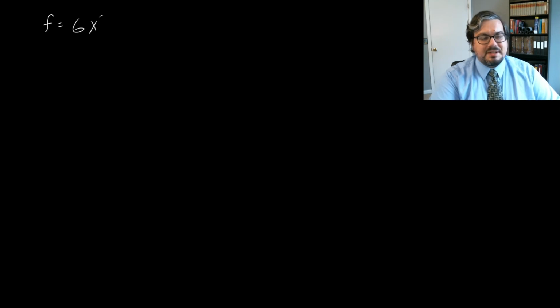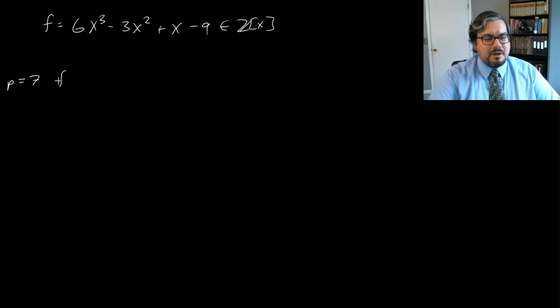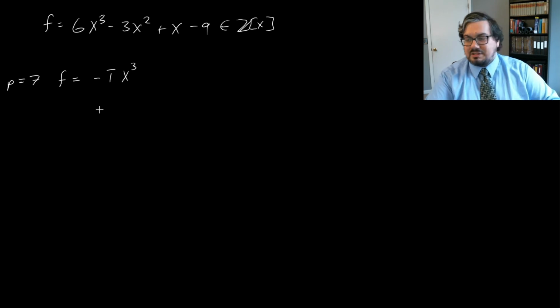So, f is 6x cubed minus 3x squared plus x minus 9 inside Z adjoin x. And so let's try with p equals 7. If we reduce everything modulo 7, then f bar is, well, instead of writing 6, we could write negative 1 bar. That just makes the computations a little bit easier.